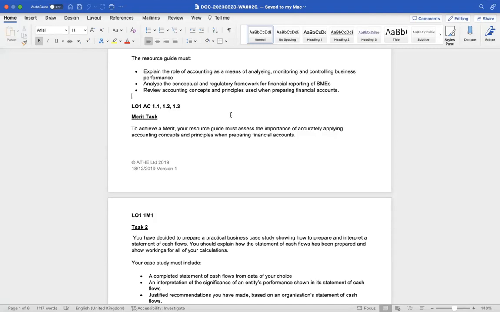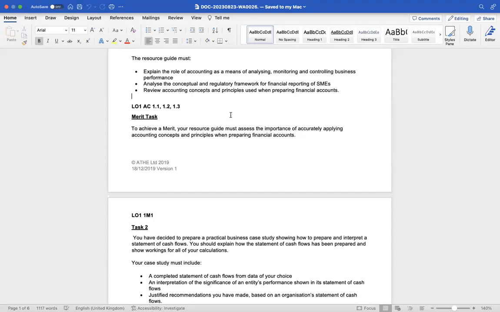Encourage reader engagement by including questions, quizzes, or case studies that allow them to apply what they have learned. Once you have completed your resource guide or task one, review it carefully for clarity, accuracy, and coherence. Ensure that each section flows logically and the guide as a whole addresses all the required points.